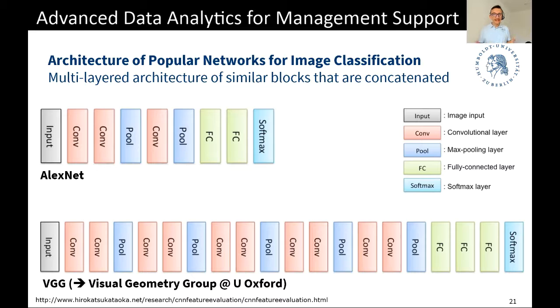Any neural network that you build for a classification task will have one or more fully connected layers in the end, followed by a softmax to give you a nice probability distribution over your classes as output. But before that, we have this recurring pattern of some convolutional layers and some pooling layers.